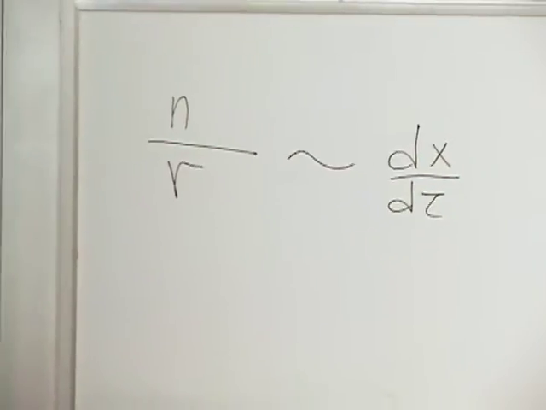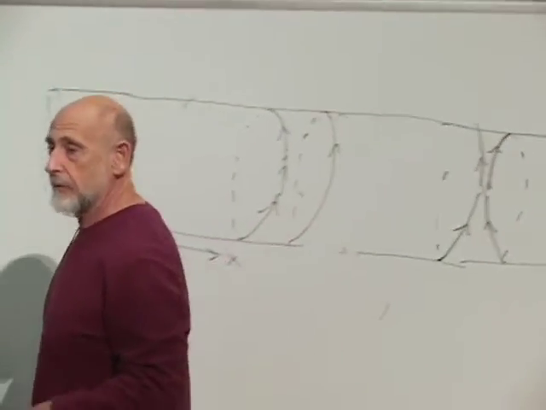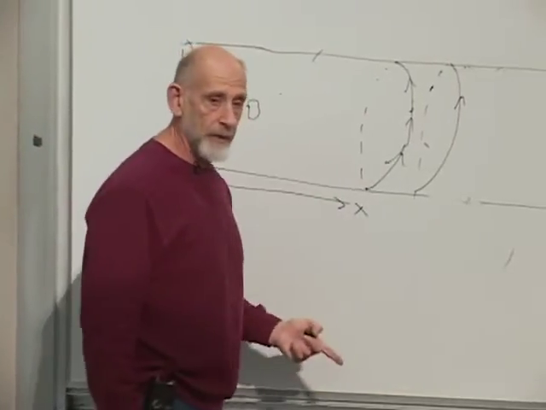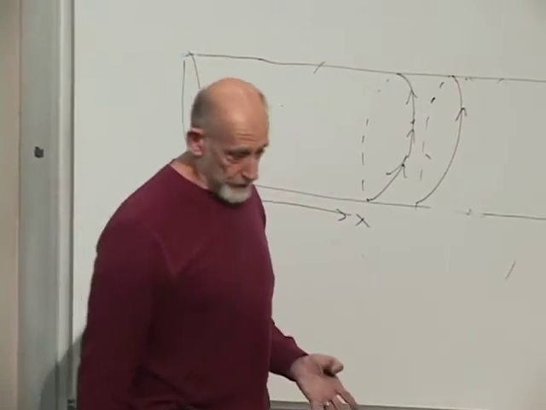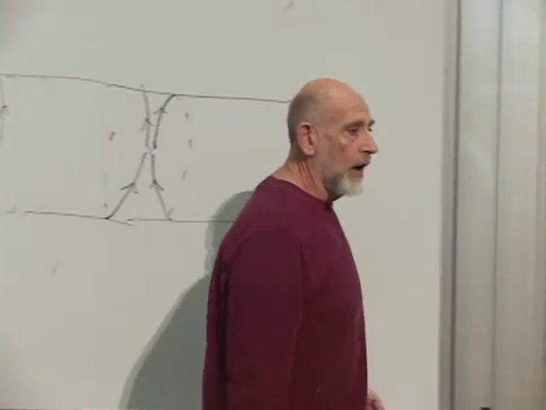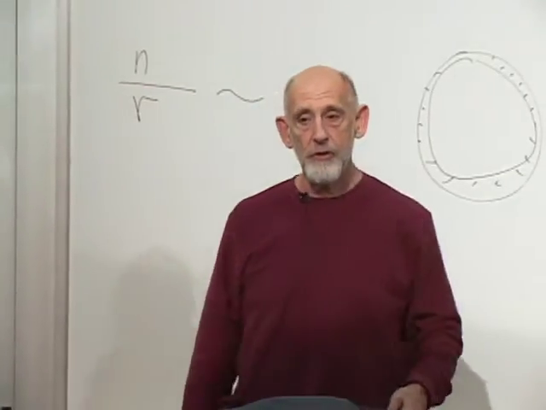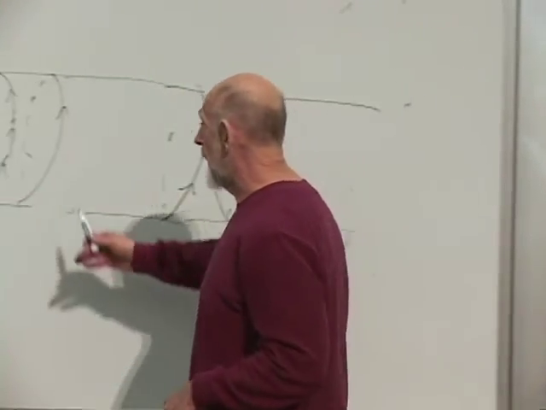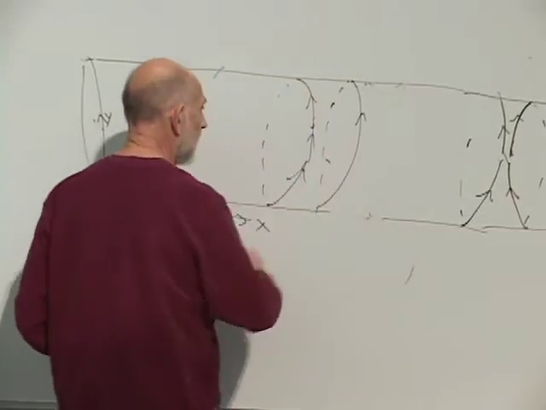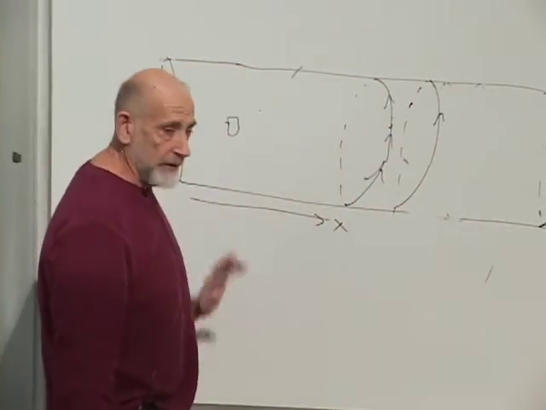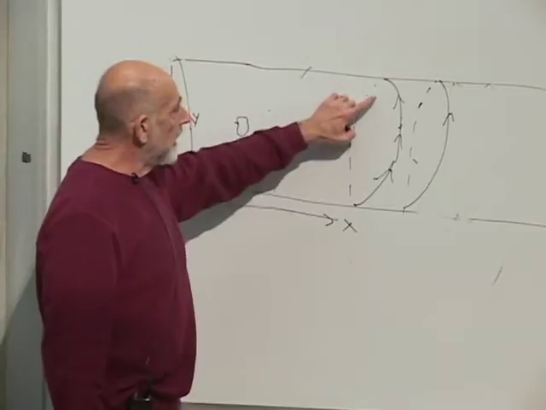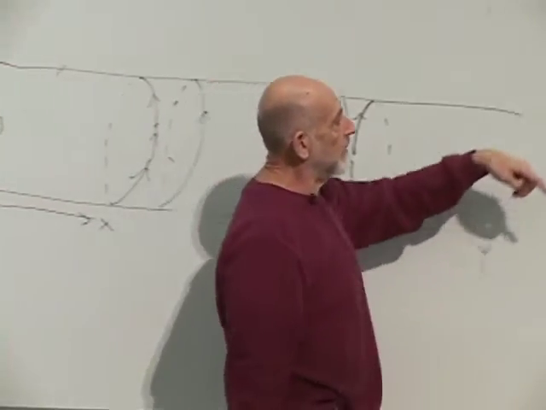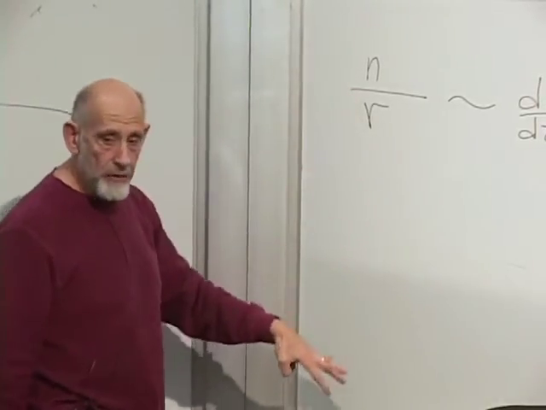Now let's think about the wound strings, the strings which are wound around. What is the typical energy of a wound string? Well, strings have a certain tension. Let's just work in units in which that tension is 1, but tension is energy per unit length. So if there's a given energy per unit length, then the energy of a wound string is not n divided by r, but it's some other integer.